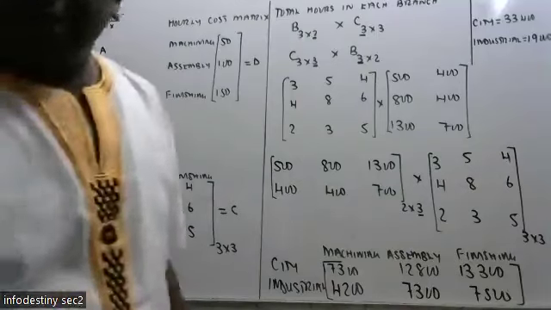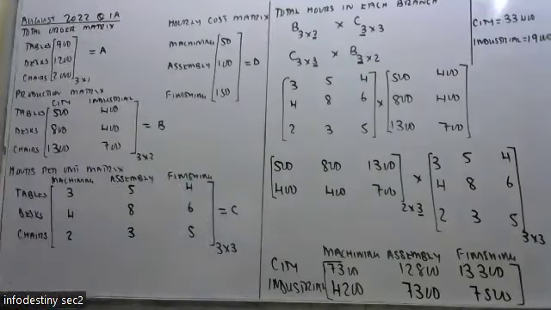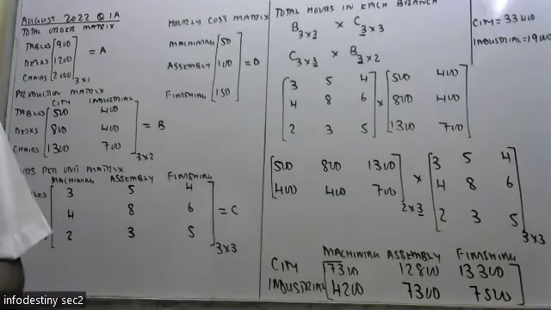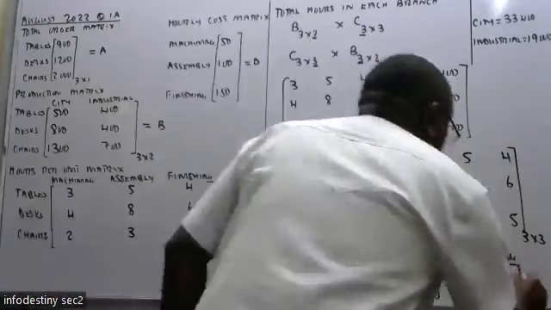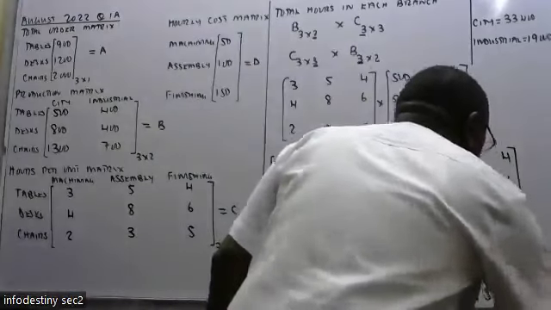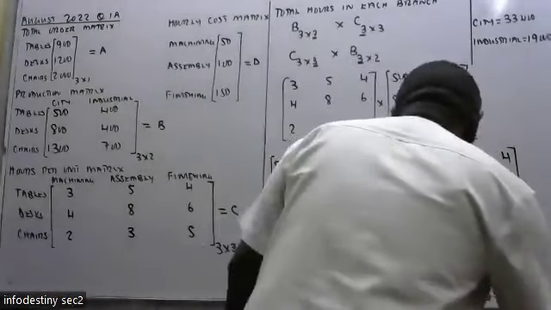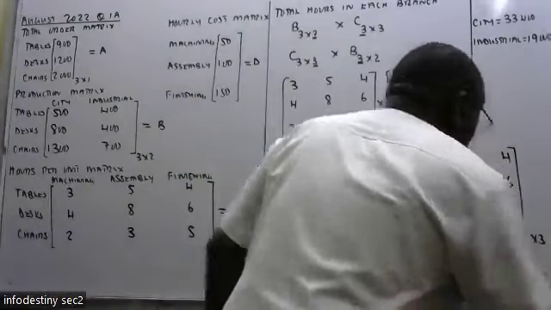Yeah, so the next question was asking, calculate the total cost incurred at each branch and the total cost incurred. Okay. So for us to get the total cost, to say now this is matrix E. Call this one matrix E, which is a 2 by 3.